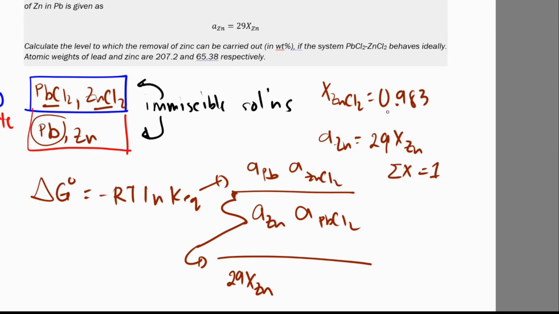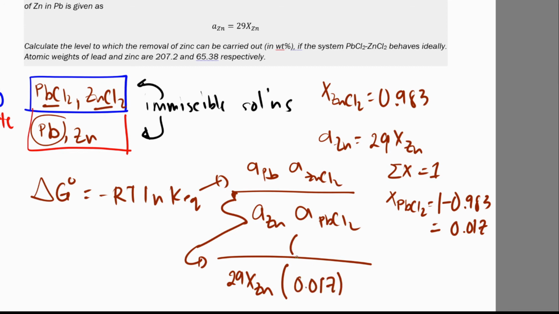If zinc chloride has a mole fraction of 0.983, then the mole fraction of lead chloride will just be equal to the remaining component, which is 1 minus 0.983, or 0.017. So here in the denominator, your lead chloride is 0.017, and the one on top is 0.983.